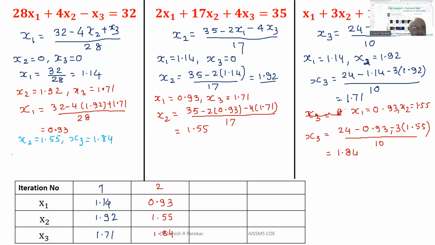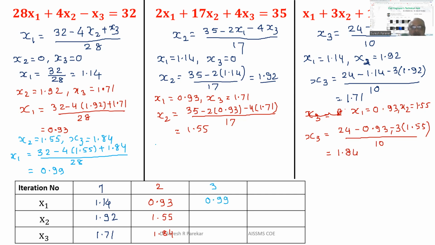From this we get x1 equal to (32 minus 4 into 1.55 plus 1.84) divided by 28. And we got from this the value 0.99.